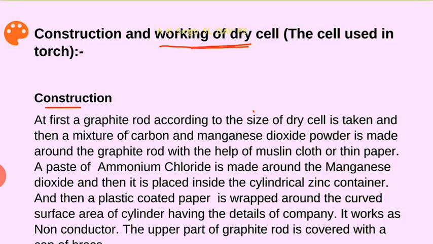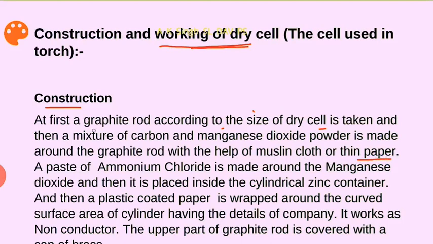At first, a graphite rod according to the size of the dry cell is taken, and then a mixture of carbon and manganese dioxide powder is made around the graphite rod. How is it possible? It is possible with the help of muslin cloth and thin paper. Any one is used here.